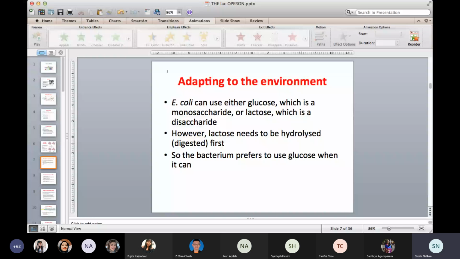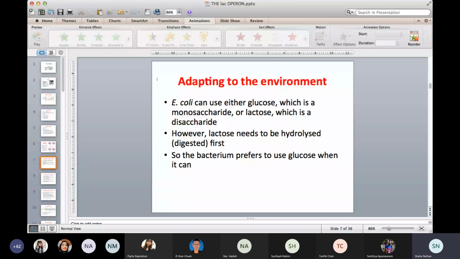So whenever glucose is present, the bacteria will prefer to use glucose. Why? Because there's no need to hydrolyze it. Doing any process requires energy, requires time. So given a choice, the bacteria will always go for no need to use energy, no need to waste time. And what is that? That is use glucose first.